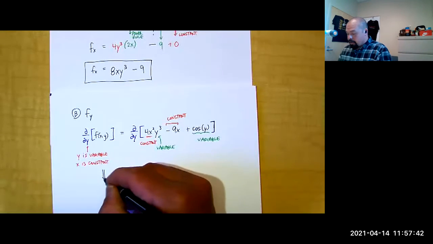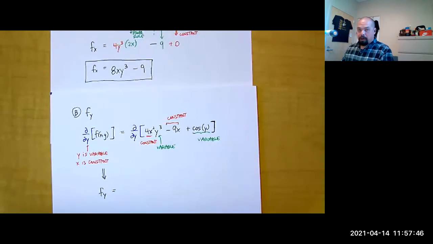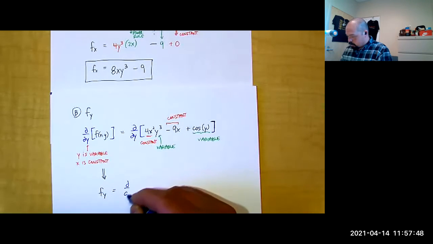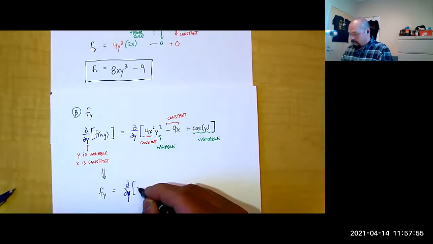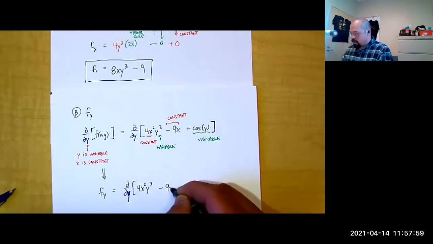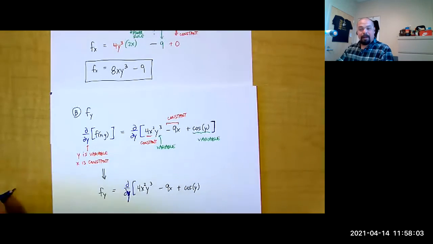So going through it, that becomes our f sub y equals, let me rewrite my notation real briefly, y, sorry. I know we get in that habit. We're so used to putting d dx that we unconsciously go into habit and write it.